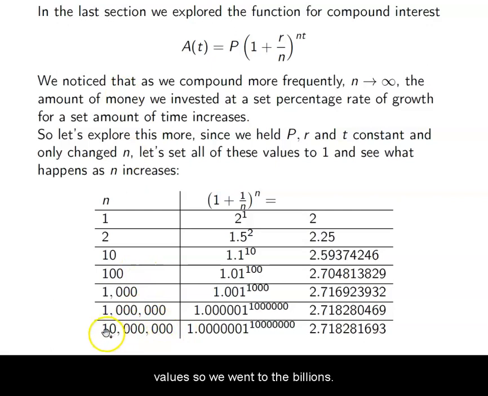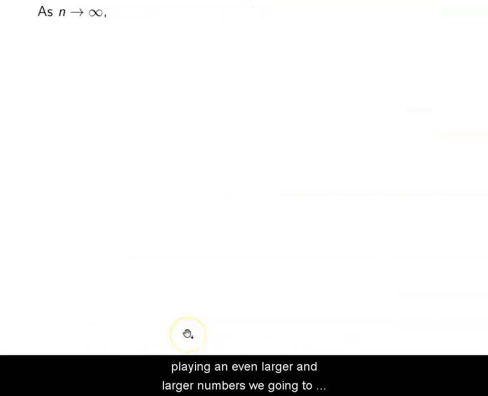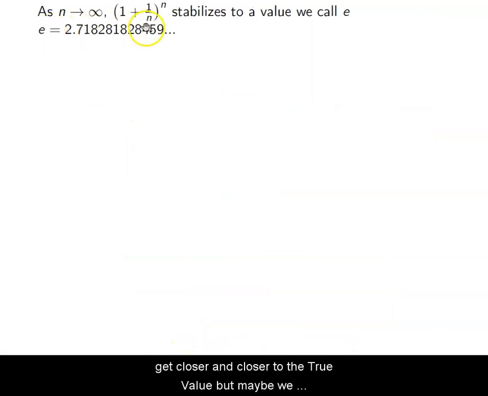So if we went to the billions, gazillions and all that kind of stuff, trillions, quadrillions, and start plugging in even larger and larger numbers, we're going to get closer and closer to the true value, but maybe we would get up to like this decimal place of accuracy, and then everything else would be wrong. Okay, so as we get closer and closer and closer, larger and larger values of n, we get closer and closer and closer to the real value, which is this value of e.